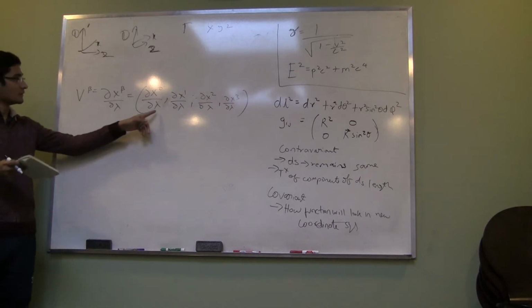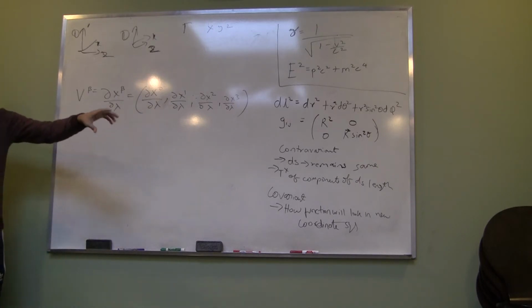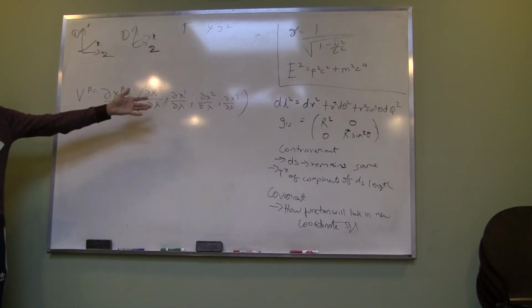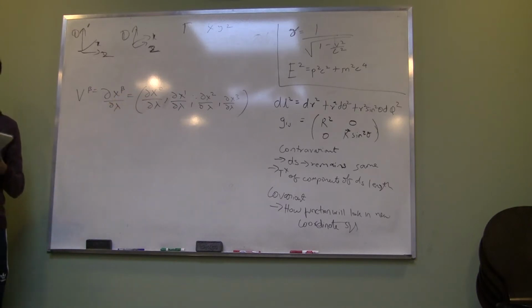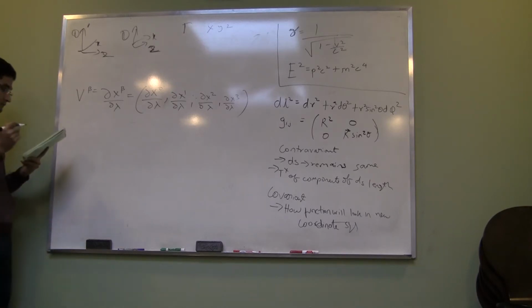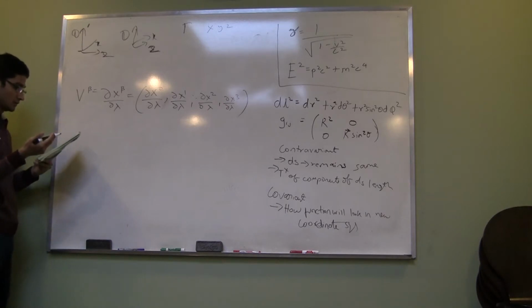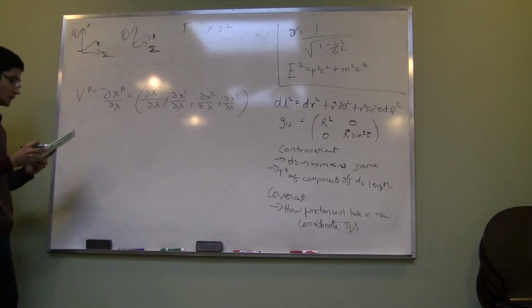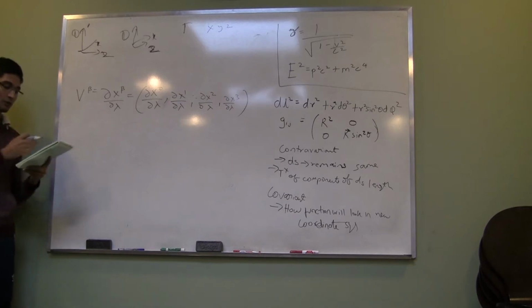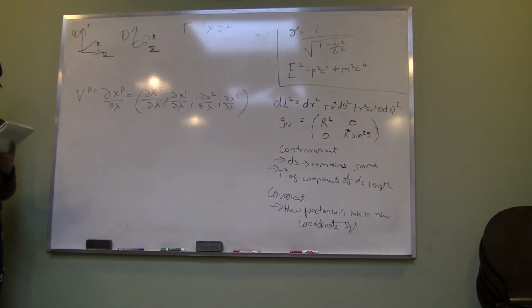Generally, if lambda is like tau, then it becomes a total derivative because it's not a partial anymore. If the parameter of the curve is lambda using a coordinate system, that is the tangent vector. So they have the four-velocity vector, like what we saw already, dt by d tau and dx by d tau, where tau is a parameter along the curve, the world line of the particle. So proper time.